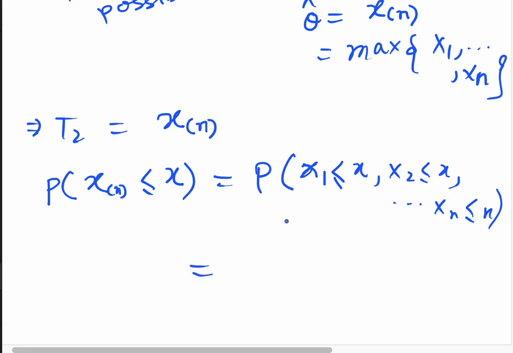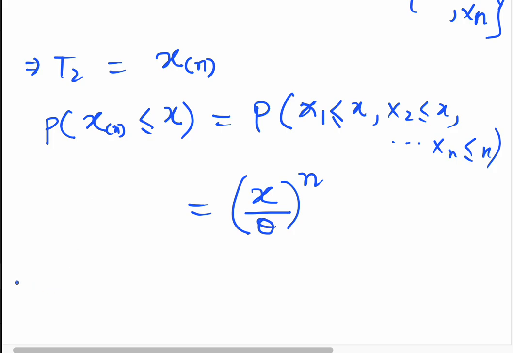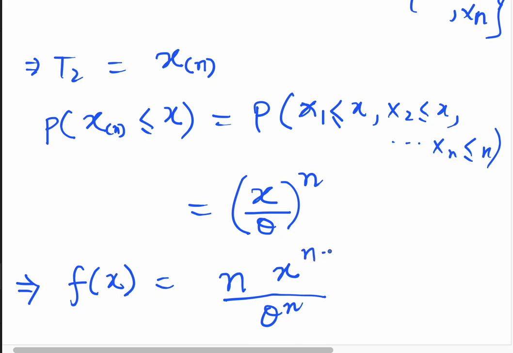Since these are all IID variables, all independent, we can write it as a multiplication, and for any single one, the probability that x1 is less than x is x by theta, so x by theta to the power n. So this is the cumulative distribution. From here we can get the probability density function of Xn, which is n times x to the power n minus 1 by theta to the power n.